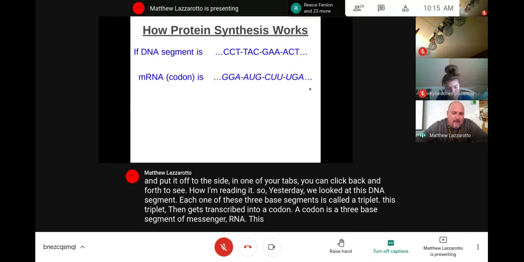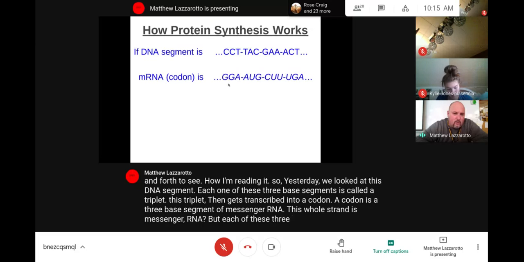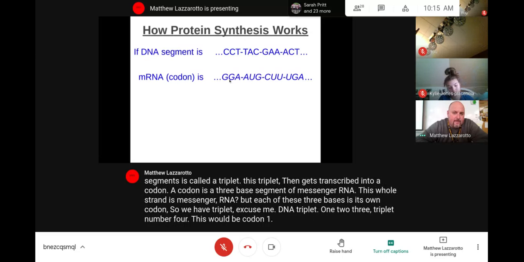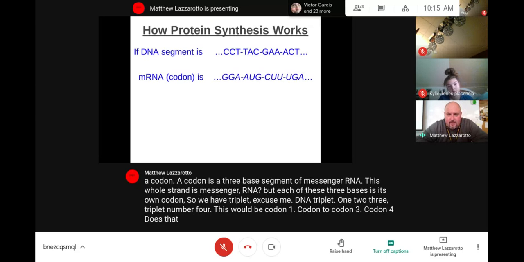This whole strand is messenger RNA, but each of these three bases is its own codon. So we have DNA triplet 1, 2, 3, triplet number 4. This would be codon 1, codon 2, codon 3, codon 4. Does that make sense to everybody?